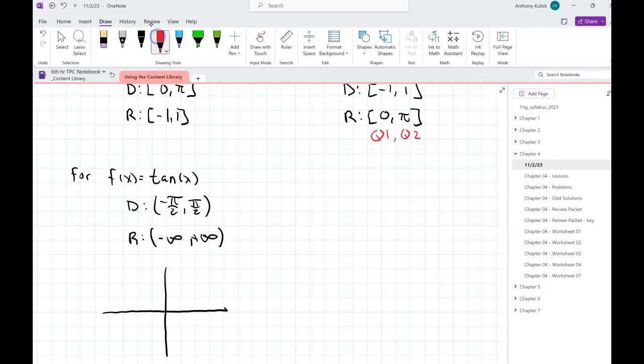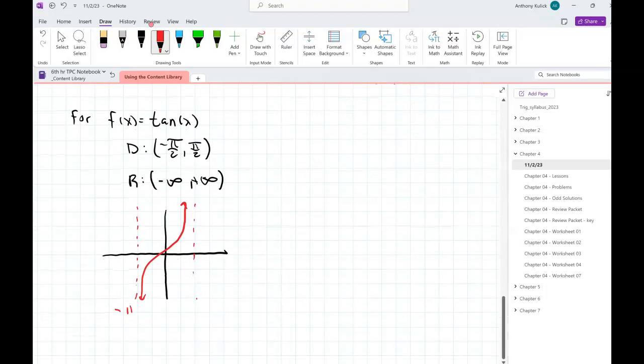What does the graph of tangent have that neither sine or cosine has? Yeah, it has those vertical asymptotes. This is what the graph of tangent looks like. Guess what those vertical asymptotes occur at? Negative pi over 2 and positive pi over 2. What is the y-coordinate for tangent at negative pi over 2 or positive pi over 2? We write undefined.